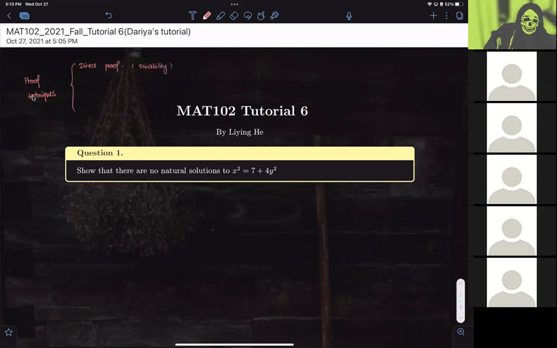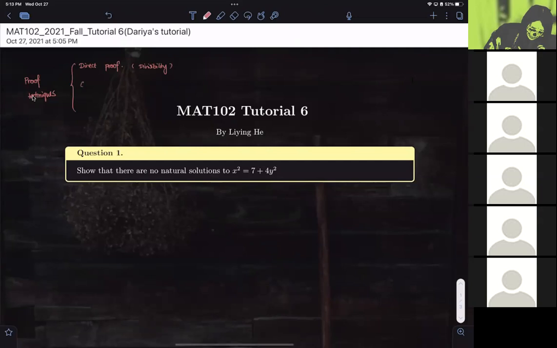Usually in this course we talk about if this is divisible by the other one, then something something something. We use direct proof immediately instead of contrapositive or contradiction.